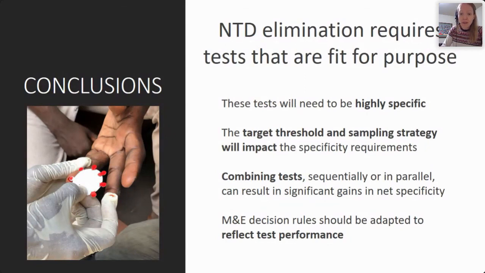And if those specificity requirements are prohibitively high, then test developers should consider creative solutions, like combining tests serially in the case of a confirmatory assay, or in parallel by creating a multiplex test, and this can result in significant gains to net specificity. And then finally, it's important to recognize that no test will be perfect, and it's imperative that the M&E decision rules be adapted to reflect test performance in the field. And if we take these steps, I believe it is possible to have a diagnostic strategy that can get us through the elimination endgame.